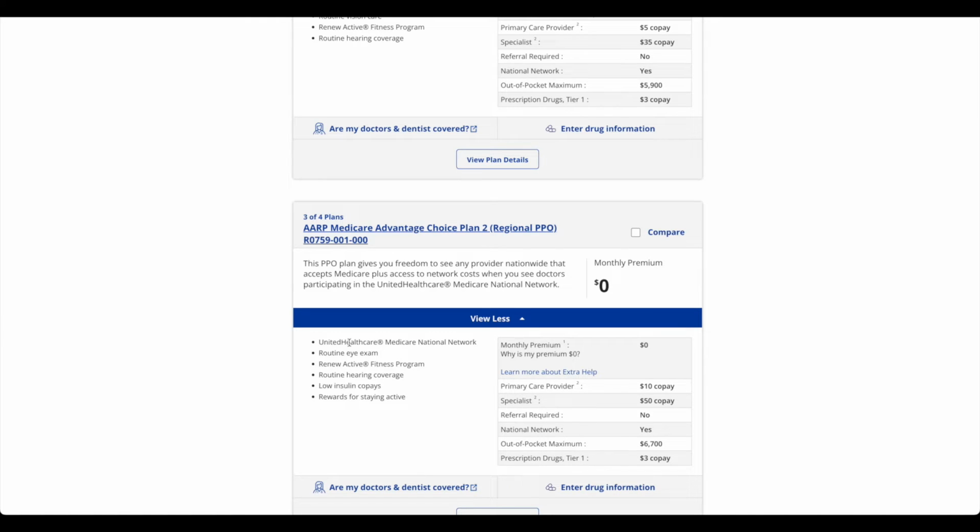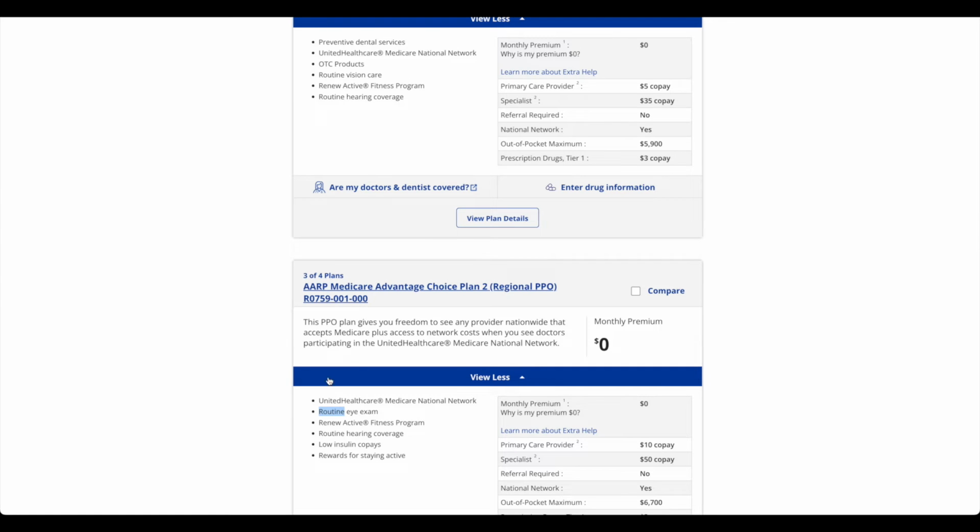And if we look over here at the items listed in the plan, some of the highlights, we have that United Medicare National Network. We have routine eye exams, as in both those plans, routine vision care, a little bit different there. We have that fitness program in all the plans, and routine hearing coverage. Both PPOs were providing that.